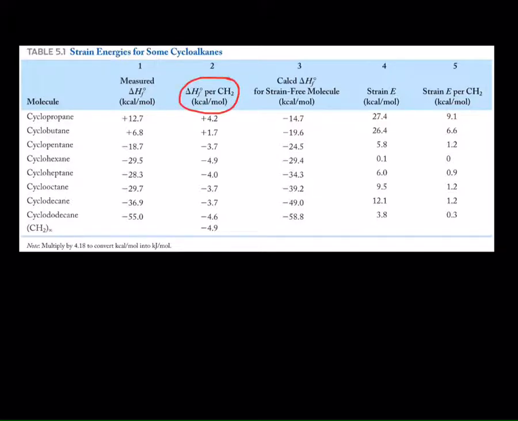So a couple of things that I want to point out. Recognize that what we're really interested in is the heat of formation per methylene group. This is how we can really compare the structures. So going down, you see that it reaches a point where cyclohexane has the most stable structure.